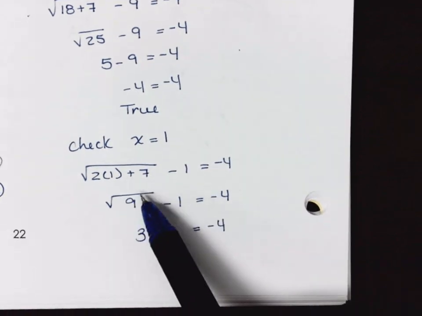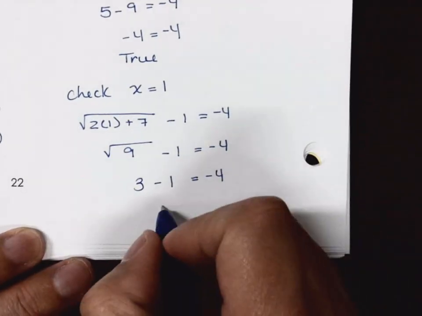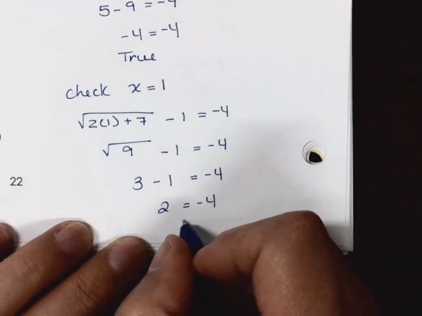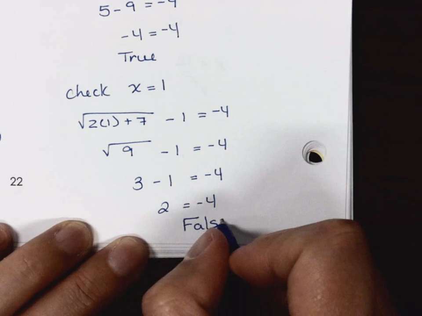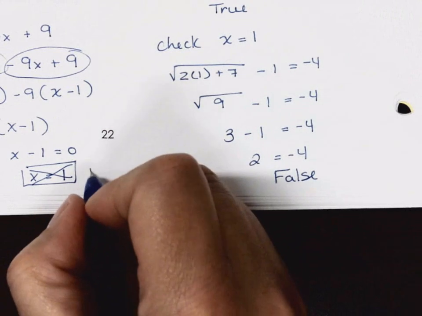Okay, so again, I'm using the positive principal root here. And so we're going to have 2 equals negative 4. So that one is false. And so the x equals 1, ooh, I'm doing it over here, is rejected.